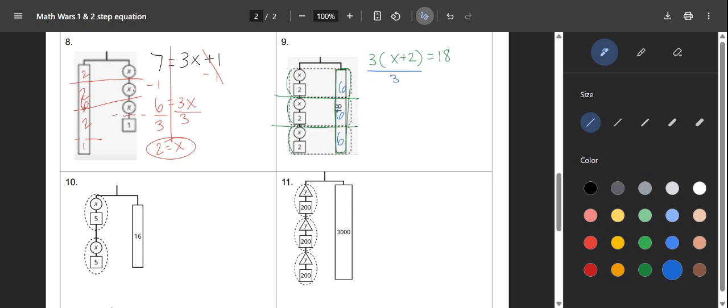So we're just dividing by 3. And that tells me x plus 2 is equal to 6. And then let's focus just on this one group. I can remove 2 from this side, which means I need to remove 2 from this side. 6 minus 2 gets me 4.